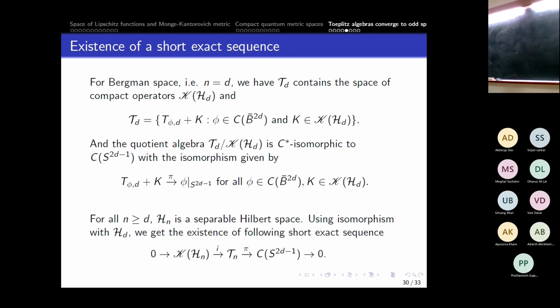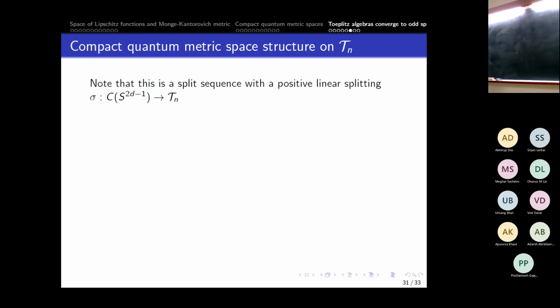Basically, there is a short exact sequence from K(H_n) to C(S^(2d-1)) with the Toeplitz algebra in between. So it suddenly reminds us of example 2 of Professor Chakravarti. The only problem is whether it splits by a positive splitting. In fact, there can be many splittings.